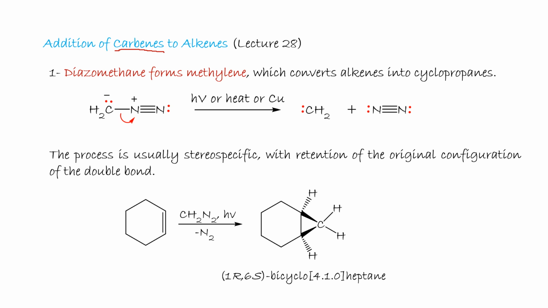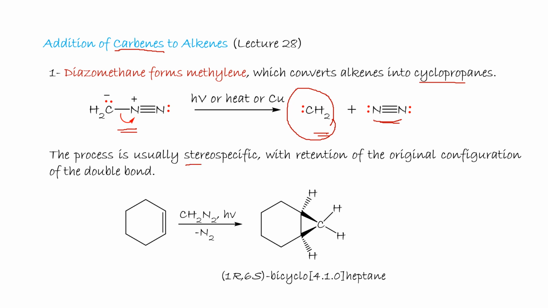Diazomethane forms a methylene diazomethane structure under the action of light, heat, or copper metal. It releases nitrogen and forms methylene. Methylene reacts with alkene to form cyclopropane.